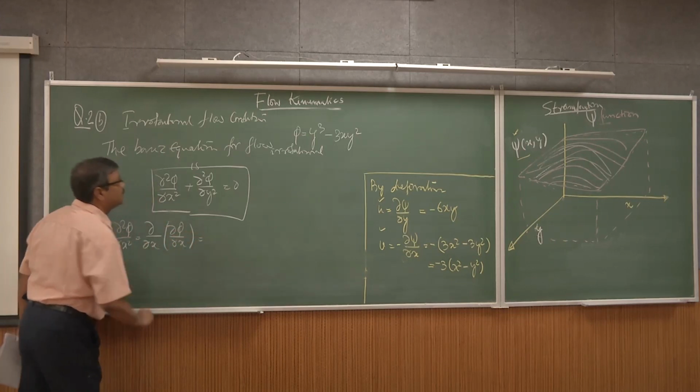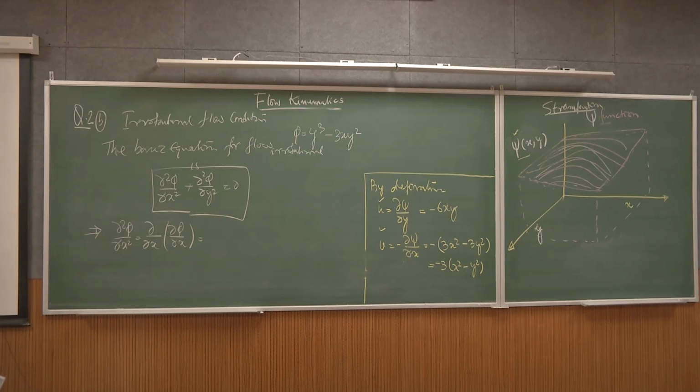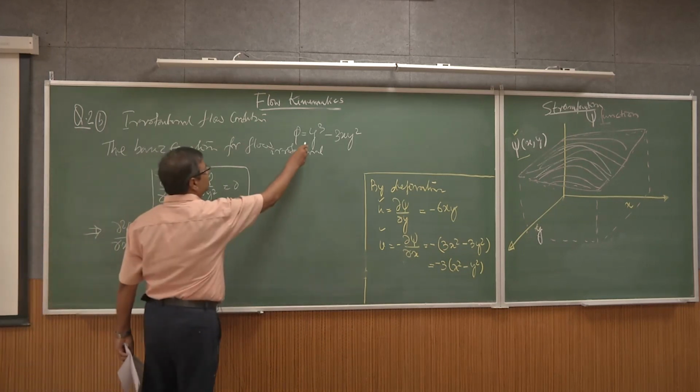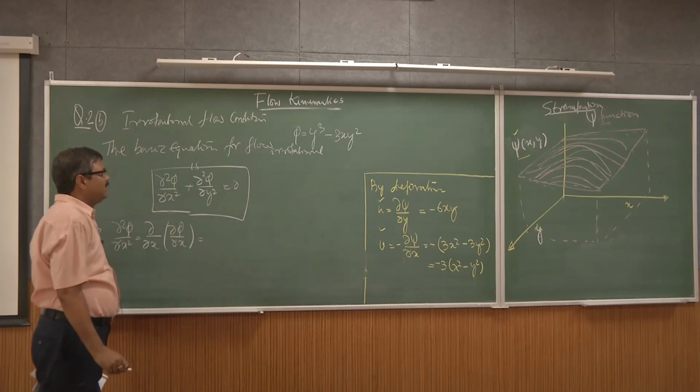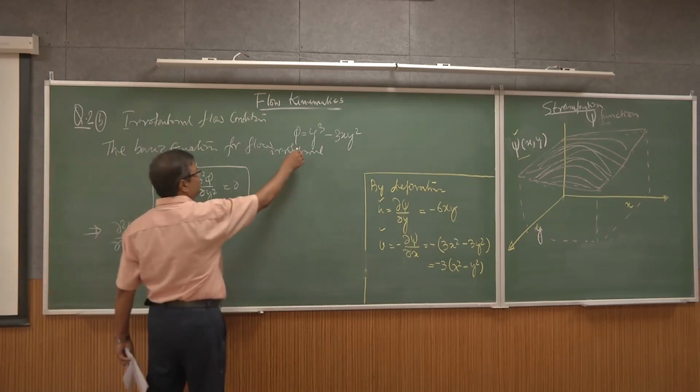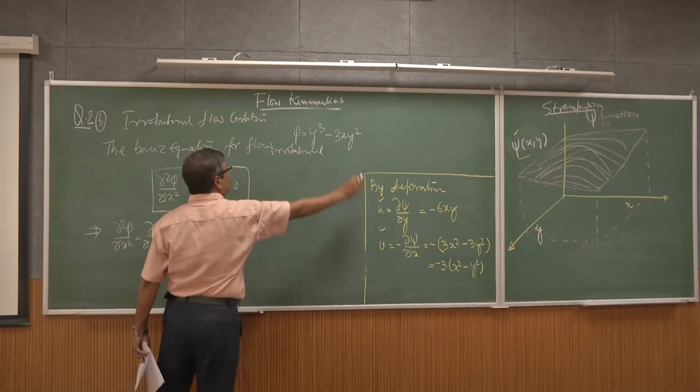if you just split it like this, you can easily find the values. For example, if you take this function, 3y cubed minus 3xy squared, and do the first partial derivative, this 3y squared will come in.